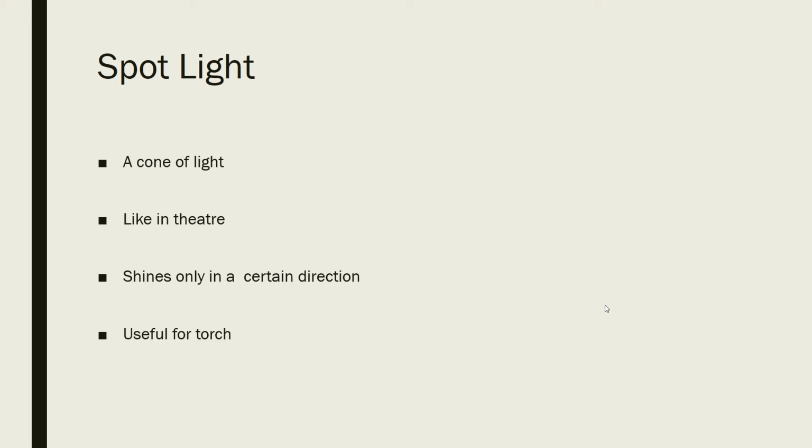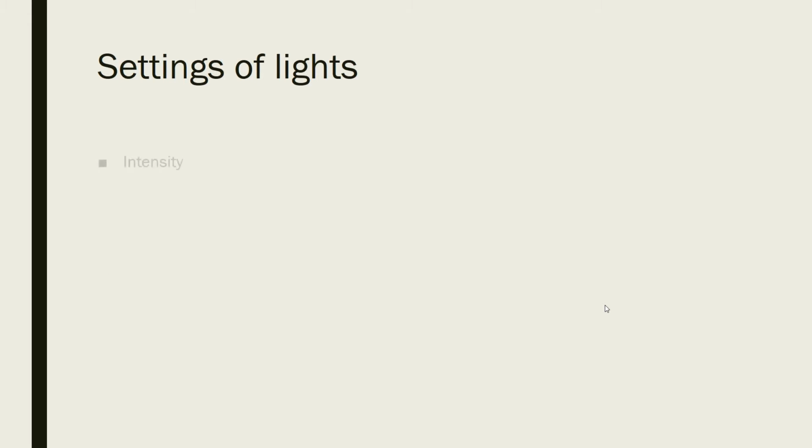This can be useful if you're animating a character walking along with a torch, and obviously that needs a cone of light. Maybe if you've got some sort of lamp, you may want to use ambient light, but you could also use this if you want just a circle of light. Okay, so we'll have a look at some settings now that most lights have.